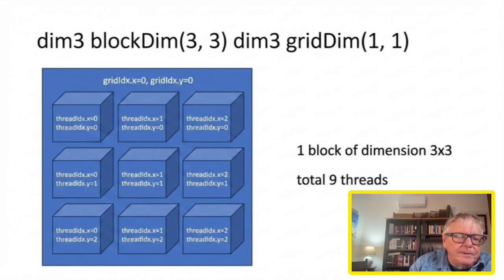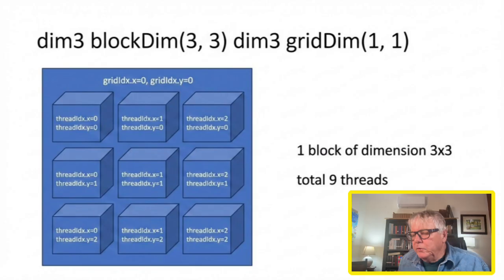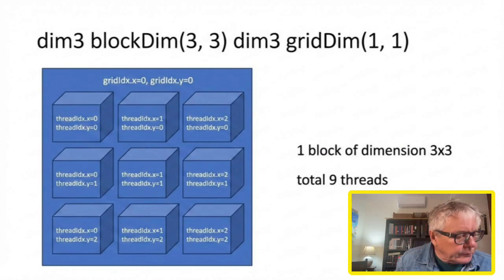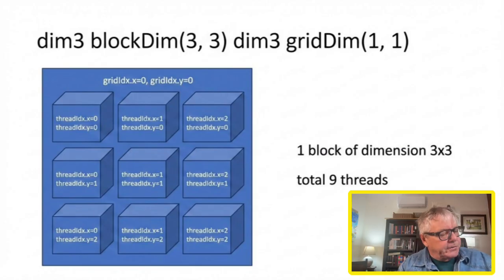In our code sample, we have one block of 3 by 3 dimensions. So block dim will be 3 3, and grid dimension will be 1 1. The total number of threads is 3 times 3 times 1 times 1, which is 9 threads. Makes sense? We're going to do matrix multiplication of a 3 by 3 matrix with another.